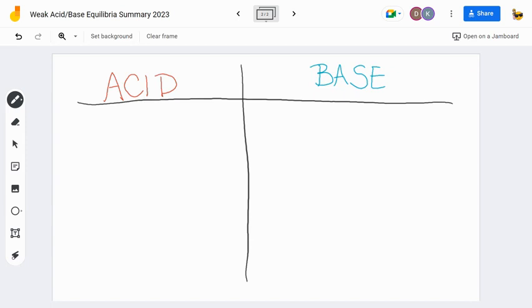Now let's go to our summary of a weak acid, then a weak base reaction. Remember the general form of an acid-base reaction? HA is going to represent a weak acid, and we're going to put it in water.